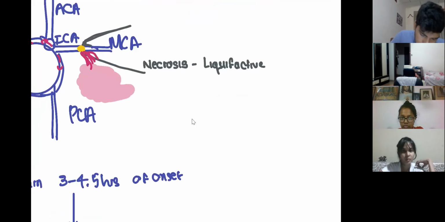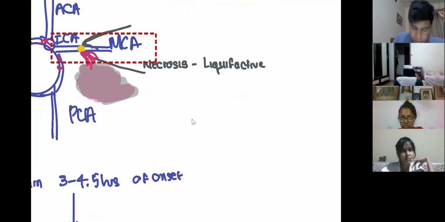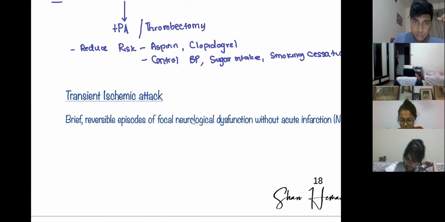So this is the tissue that will undergo liquefactive necrosis. We are not talking about anything in this area. We are talking about what happens to the tissue that was affected. I hope you understand.